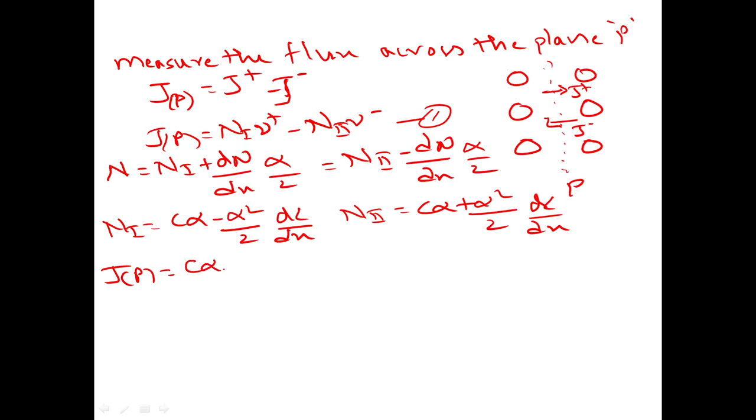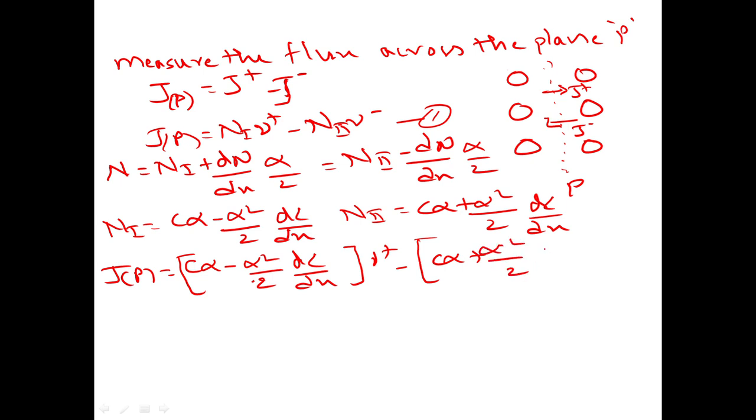So then it is C alpha minus alpha square by 2 dou C by dou x into gamma plus, minus C alpha plus alpha square by 2 dou C by dou x into gamma minus.